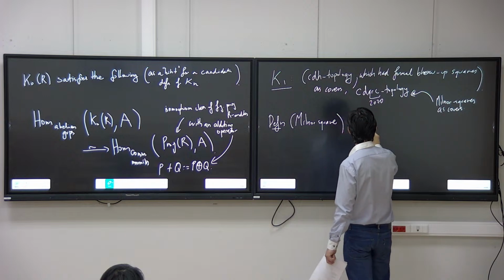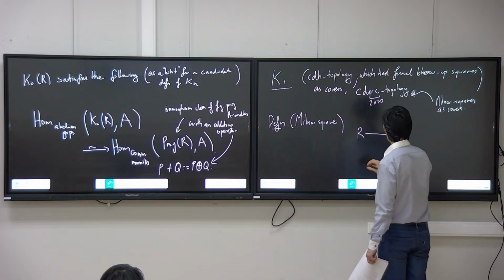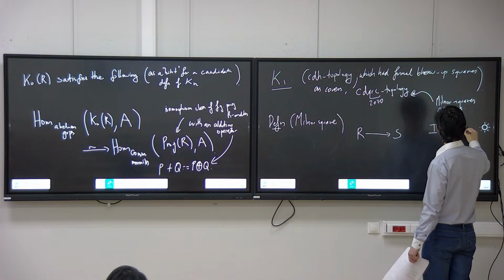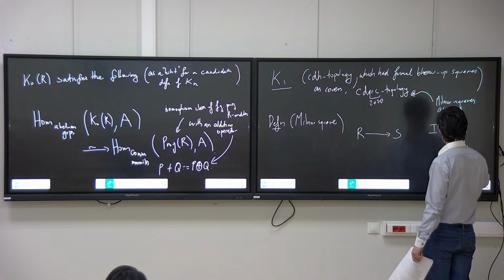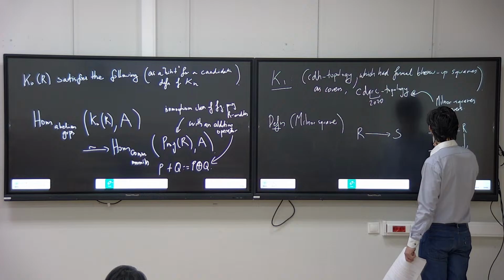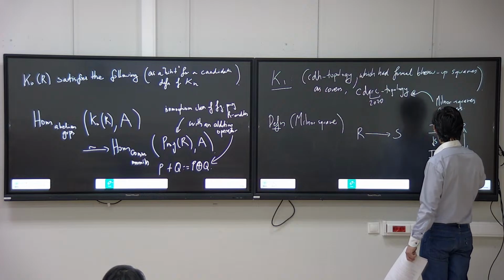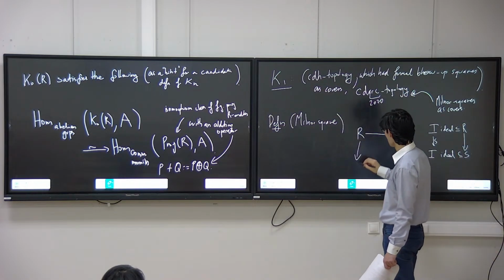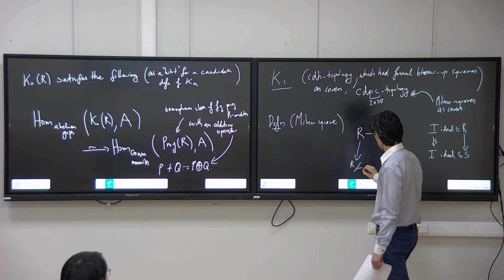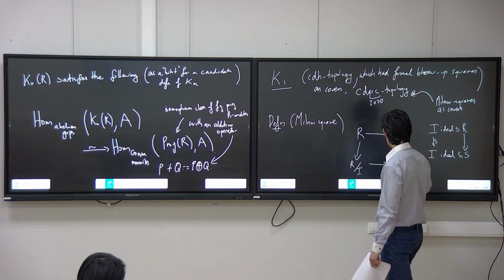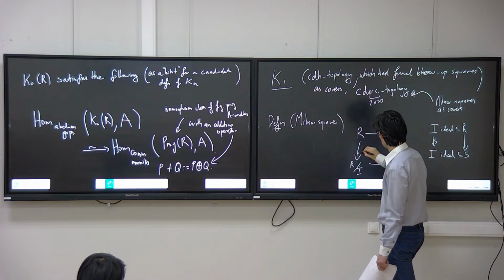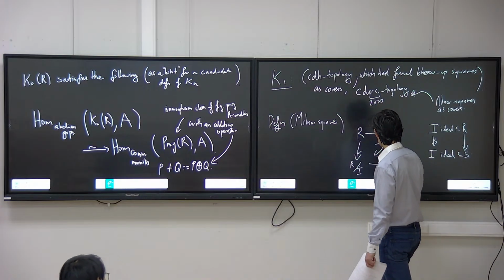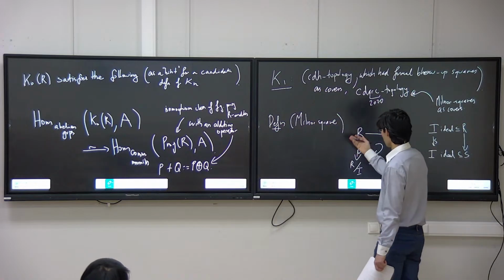You have a morphism of rings, R to S, and some ideal I in R, which maps isomorphically to an ideal, which I will continue to denote by I, in S. This gives rise to this commutative square, and this is what a Milnor square is.